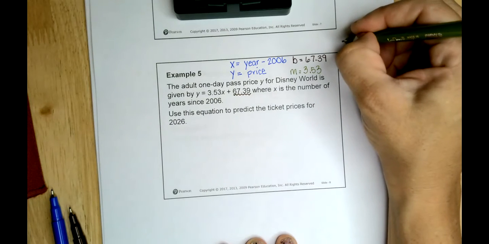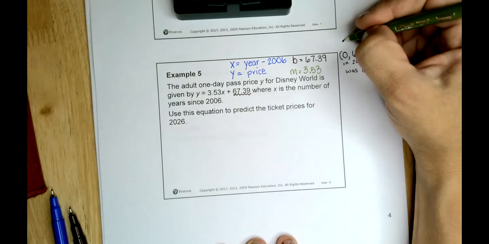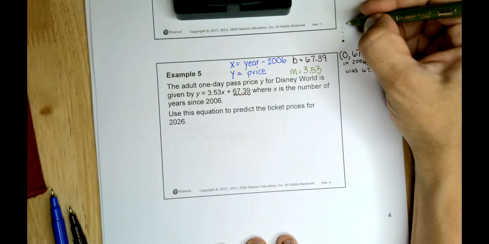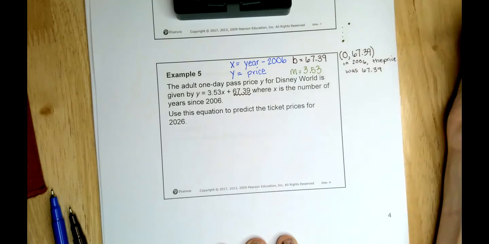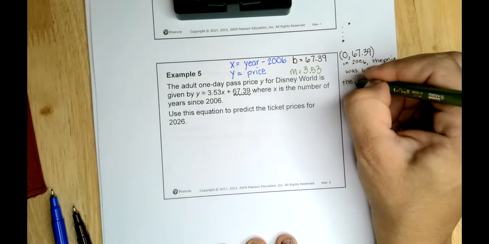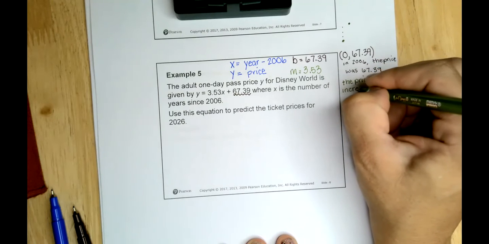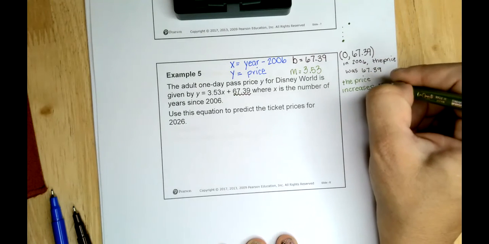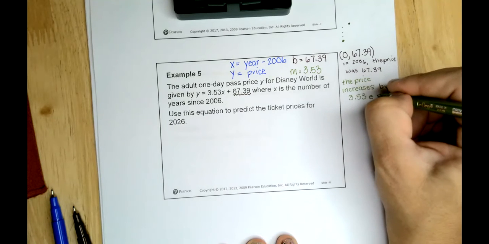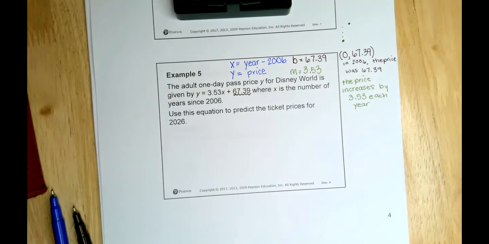From the point 0, 67.39, the price is going to go up 3.53 over 1. Okay. So the price increases by $3.53 each year. Okay.